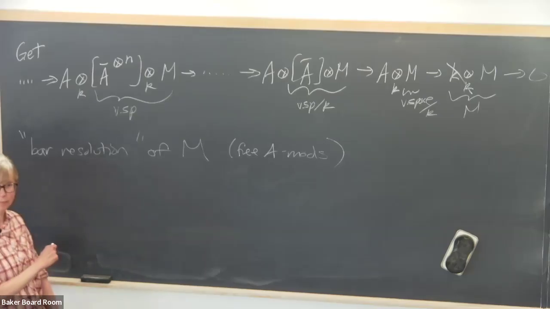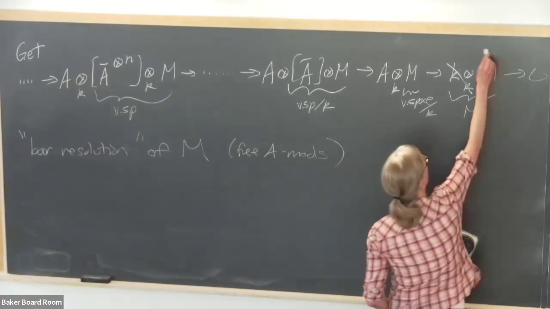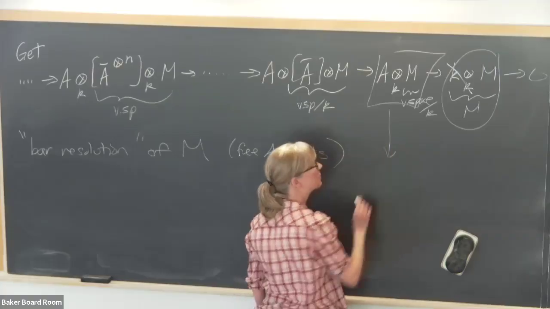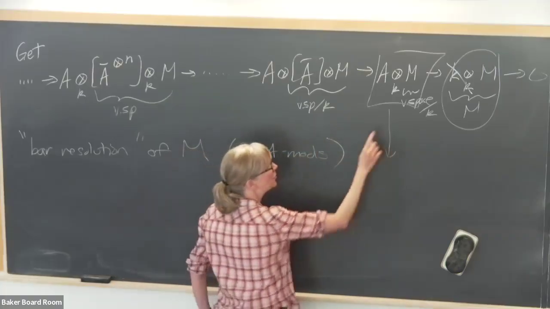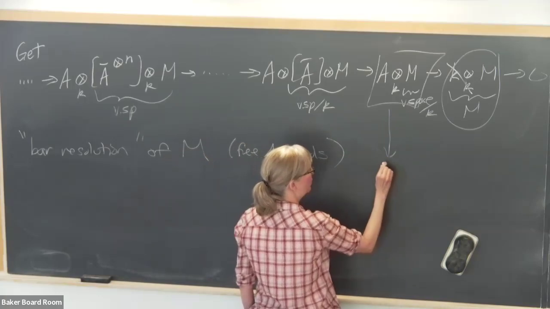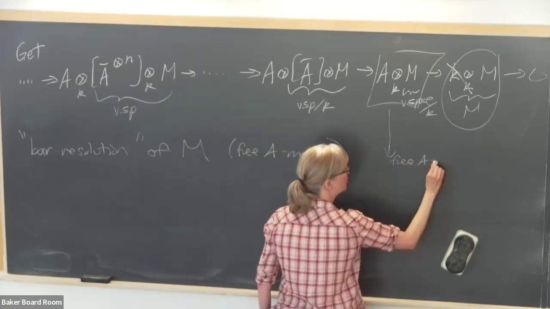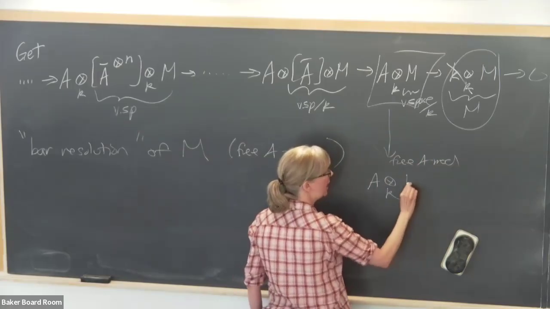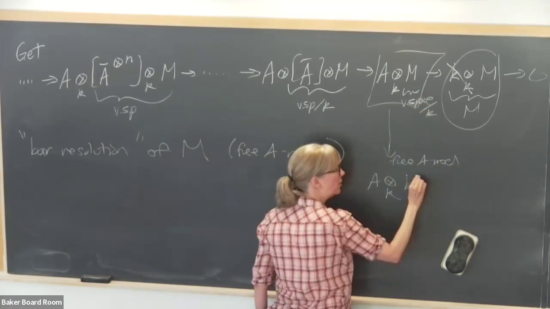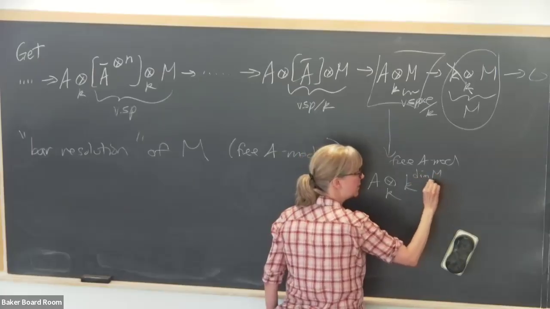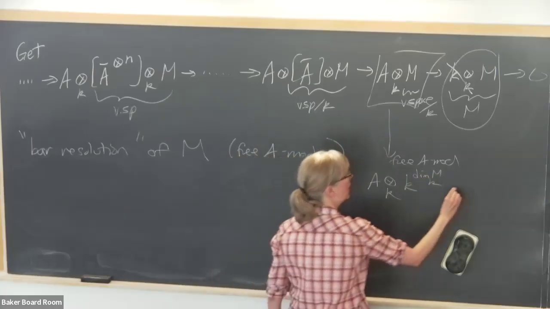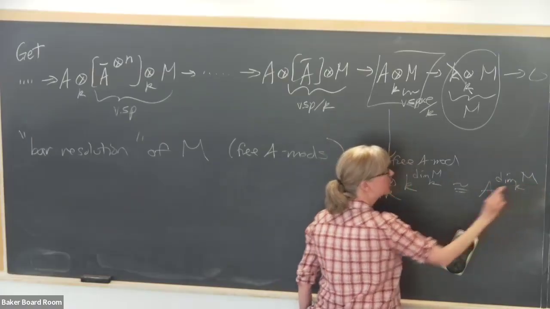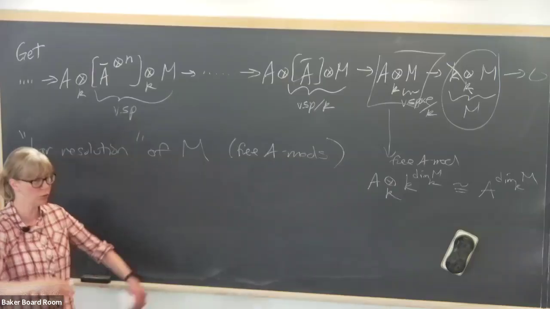It's huge. Look, here's what we're resolving. Let's look at the first free module. So this thing here is the free A module. So what it is is A tensor over K with K to the, what's the vector space dimension of M? I don't know what it is, but I'll write dim K M. So that's really like A to the dim K M. So it's like a vector space of huge dimension.